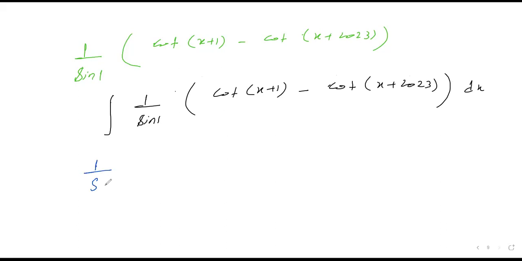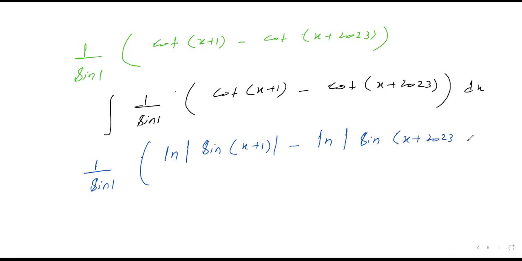Now this is 1 upon sine 1, and you have to simply integrate cot of x plus 1. It is ln modulus sine of x plus 1 minus ln modulus sine of x plus 2023 plus the constant of integration c. You can again convert it into a simpler form than this one. So you have to basically use the identity of log.